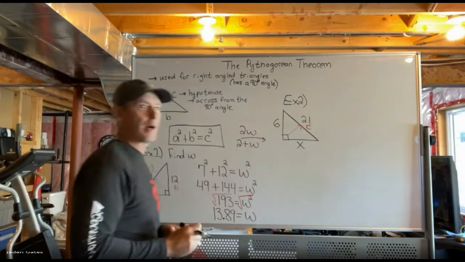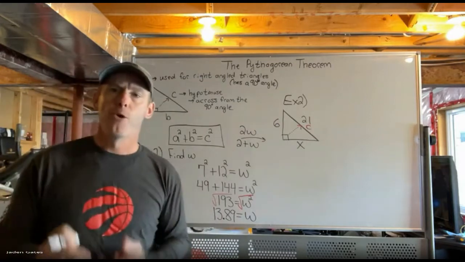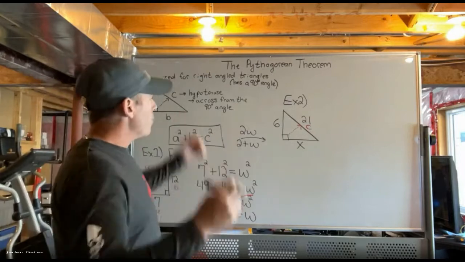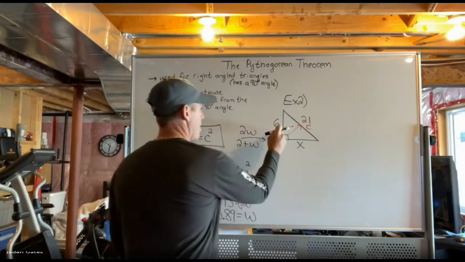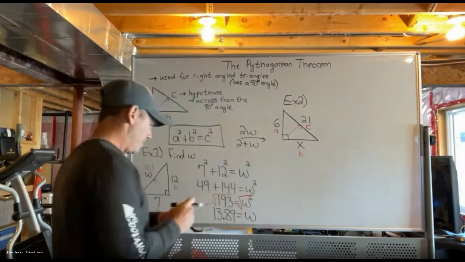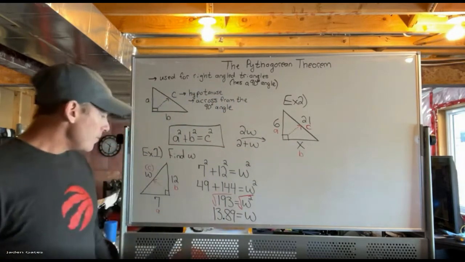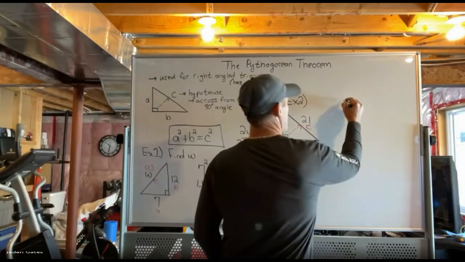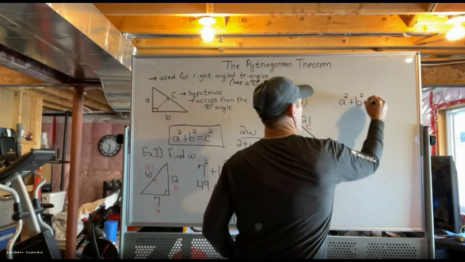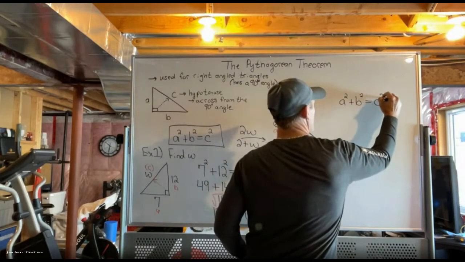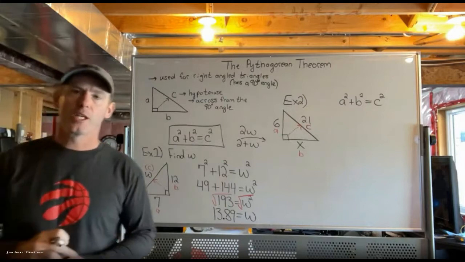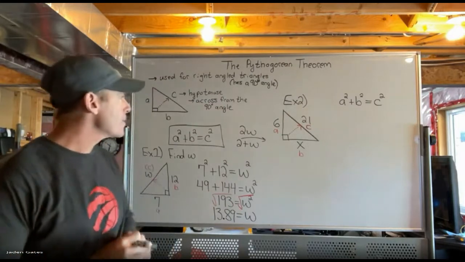Again, I like to label my diagrams because then when I put my information into my equations, I don't get mixed up. And again, the other ones are the other ones, so it doesn't matter. I'll say A is 6 and B is X. So again, I'm going to use the Pythagorean Theorem here, which is A squared plus B squared is equal to C squared. Now substituting into my equation and just replacing things.